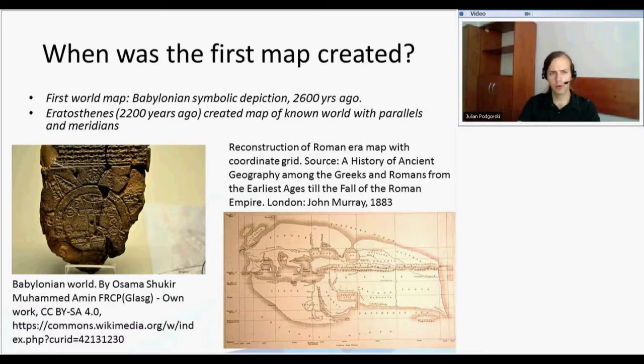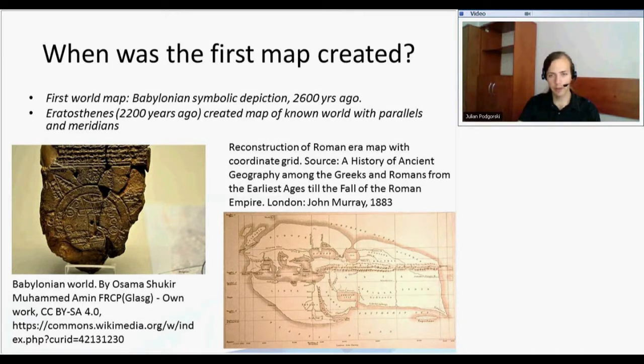I think he was of Greek origin, and he knew that the Earth is a globe, a sphere, and he knew that you can represent the coordinates by means of a grid. So he invented, so to say, the parallels and meridians that surround the Earth, and suggested they can be used to draw a map.